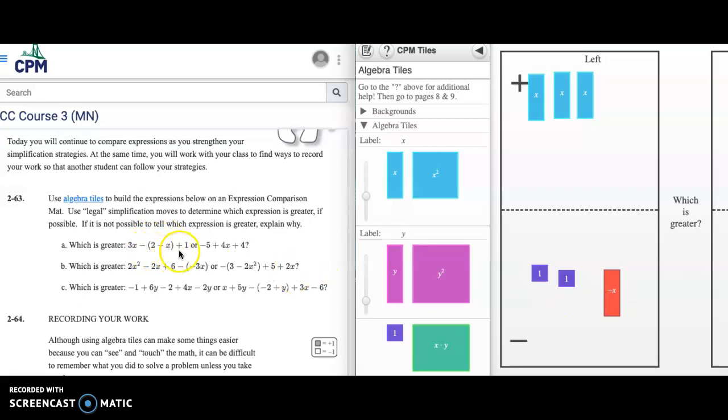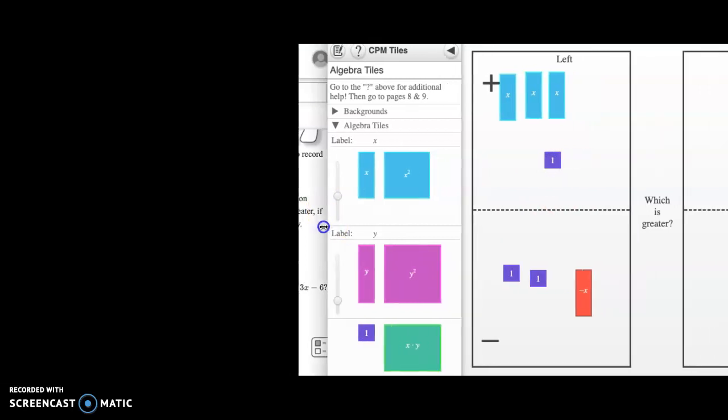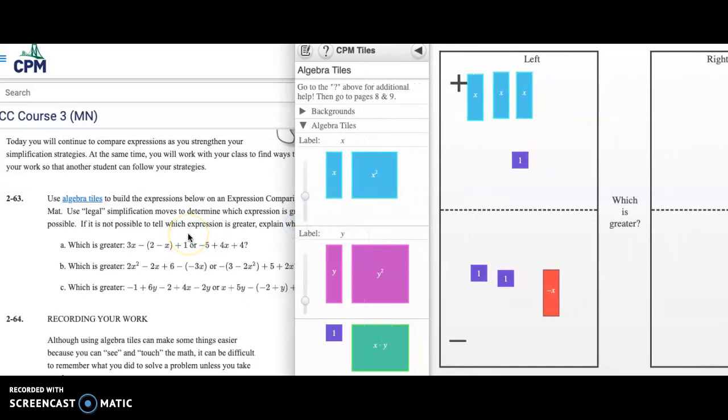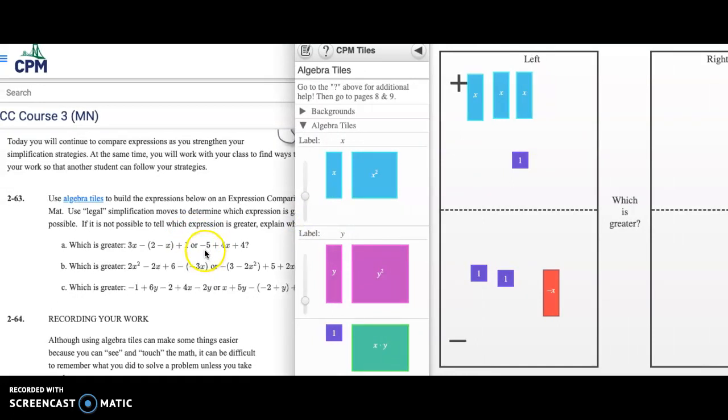And then if I continue, I can see that I have a positive 1. Now that's not in my parentheses, so I'm going to go back up to that positive region and put a positive 1. Okay. On the right-hand side, I have negative 5. Okay, and that's not in parentheses or anything, so I'm going to just keep it up there in that positive region, but they are negative 5.